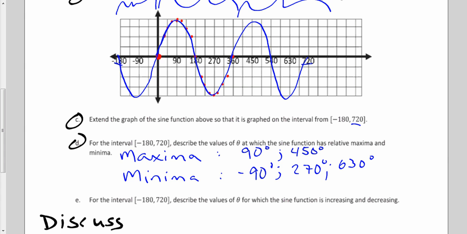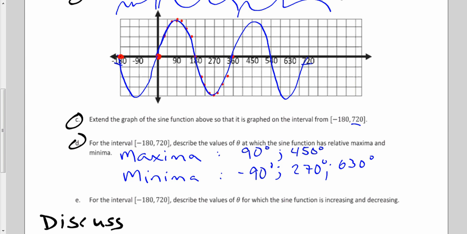Who can show me the zeros on this graph? Come on up here, Dominic. That's Zach. Did it again. Here. Oh. Nice.